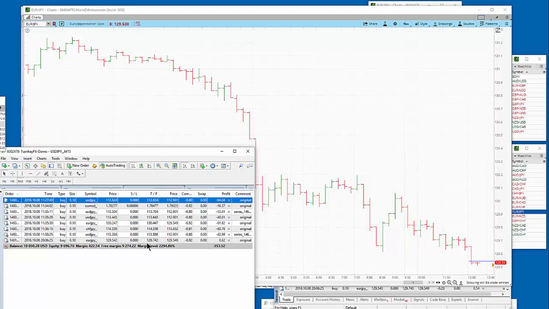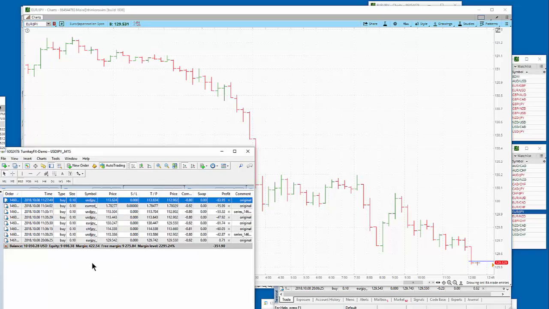Now, one thing that you want to make sure that you do, see the commission here? Well, the commission for this one mini lot trade was 92 cents. Well, that's almost a pip in and of itself, right? Because a one mini lot trade is going to be approximately, depending on the pair, $1 per pip.